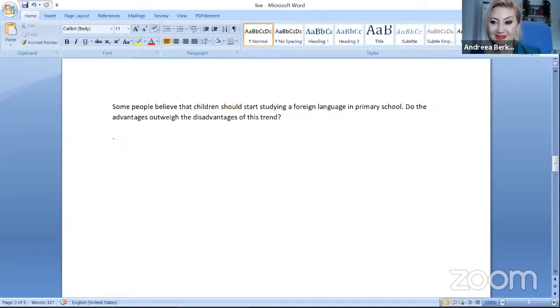What else? They can learn better two languages at the same time, and they can go in different schools or different parts, and they can talk in another language if it's needed.